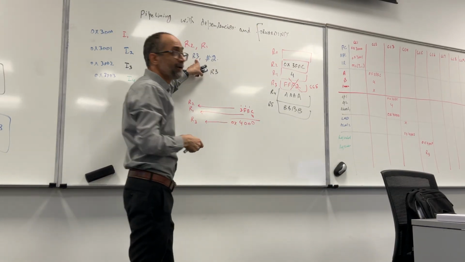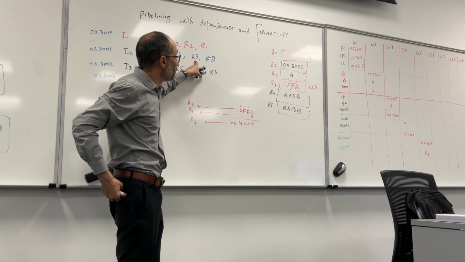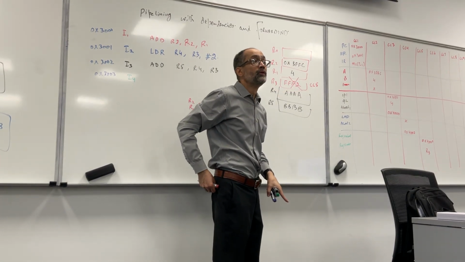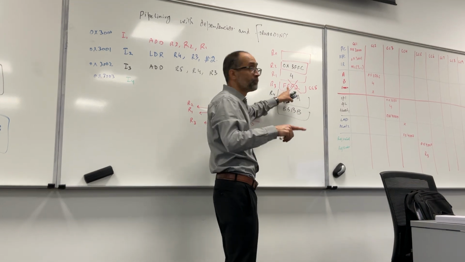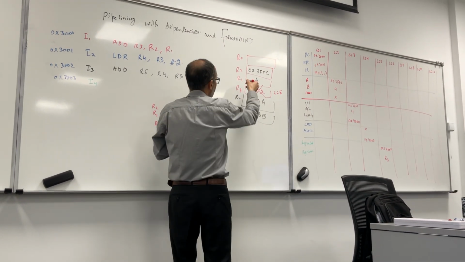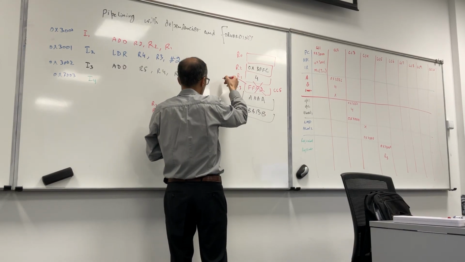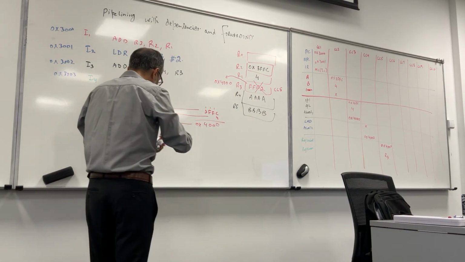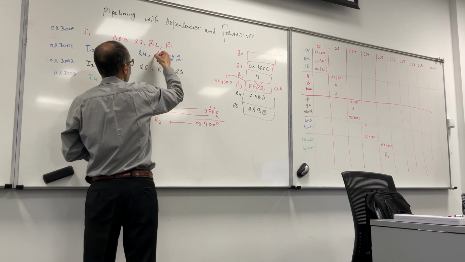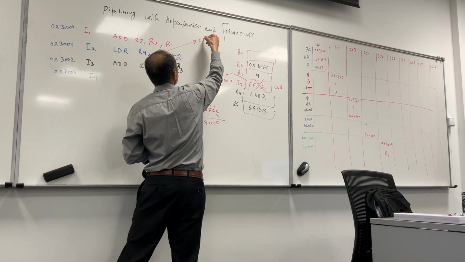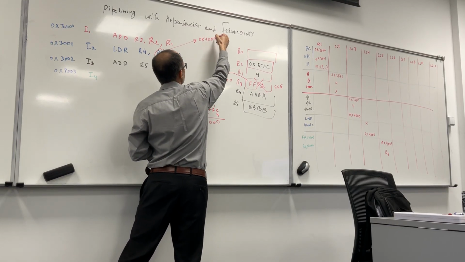We need the updated value of R3. So do we need the old value or the new value? The new value. We need the new value, but the old value is FFF2. The new value should be 0x4000.